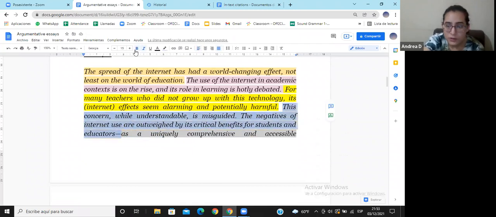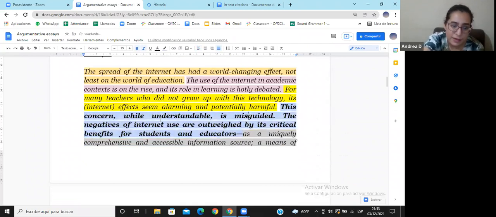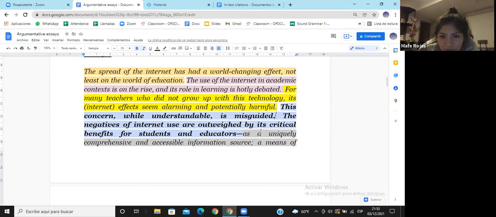So here, this author is not saying, "I think that the negatives of the internet are outweighed by the benefits." He's just saying it as if it's a fact. "Yes, this concern, while understandable, is misguided."